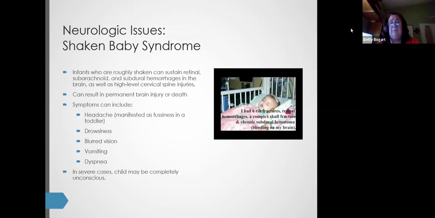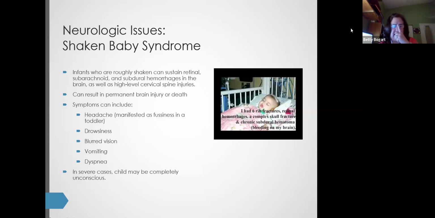This is something that can cause permanent brain injury. And because the brain stem is back there on top of the cervical spine, this can cause death to the children, because now the heart doesn't want to beat, since that brain stem has been really hurt.